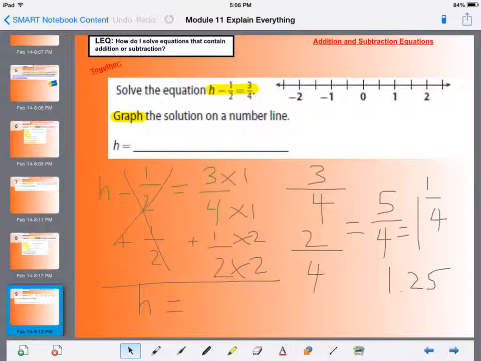And so when we graph that, we're going to go right between the 1 and the 1.5, so this would be 1.25, and that would be h.